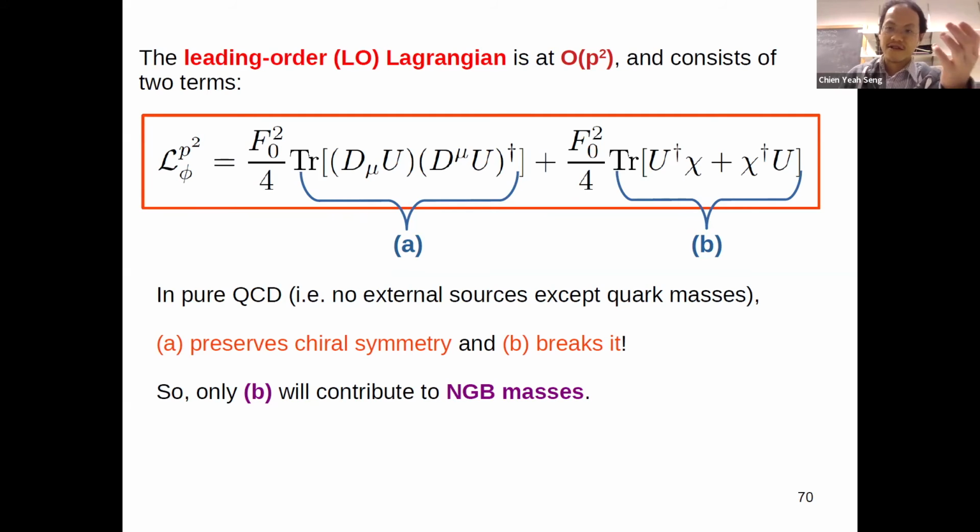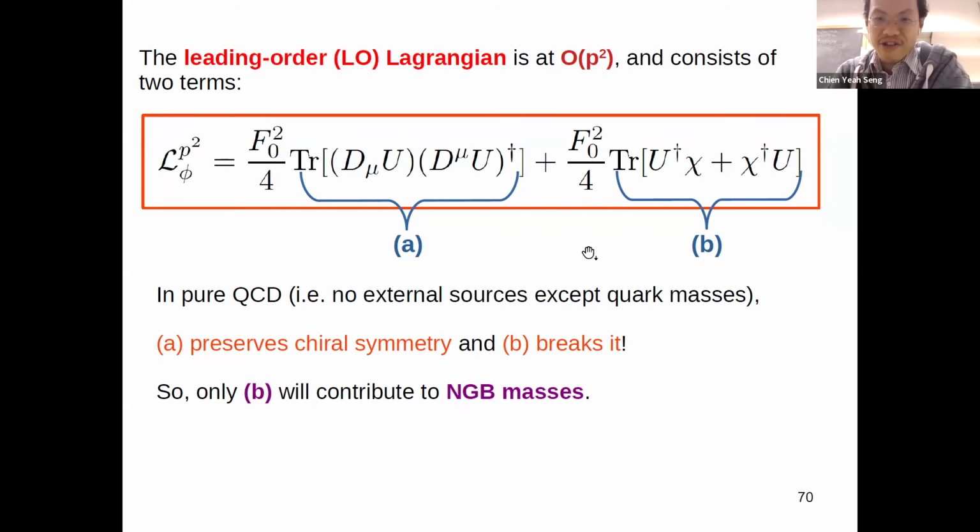All the terms in the Lagrangian consist of U, its covariant derivative and chi, which is explicitly chiral symmetric and non-trivial. You will find that the lowest order Lagrangian that you can write out is of O(P^2). Namely, it either consists of 2 derivatives or 1 power of chi.